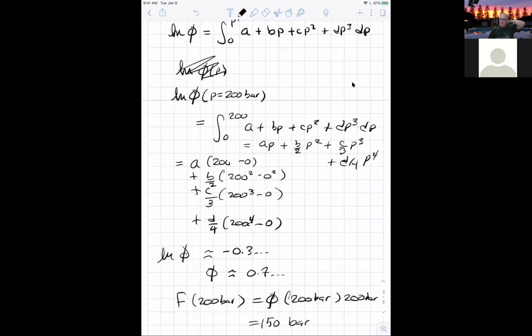That's what fugacity is supposed to do. Fugacity is supposed to be the real pressure. Or, it's hard to phrase it to get it across properly.